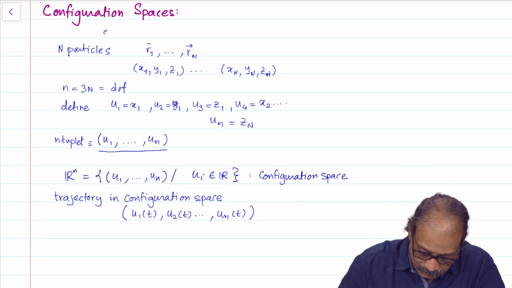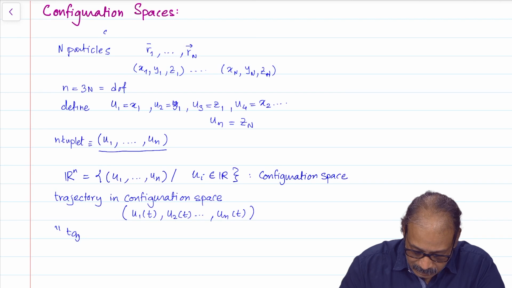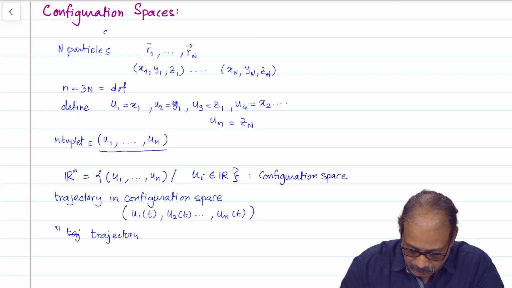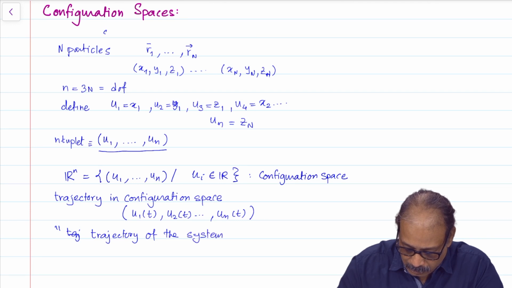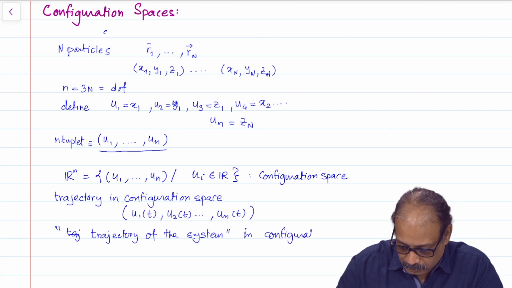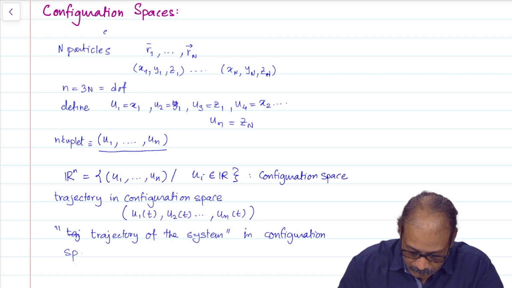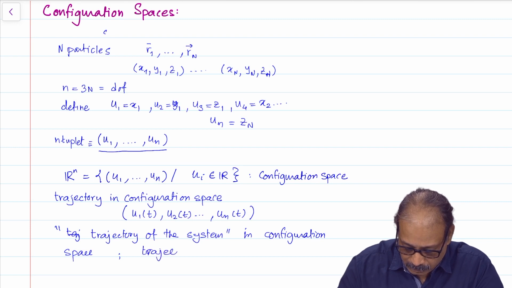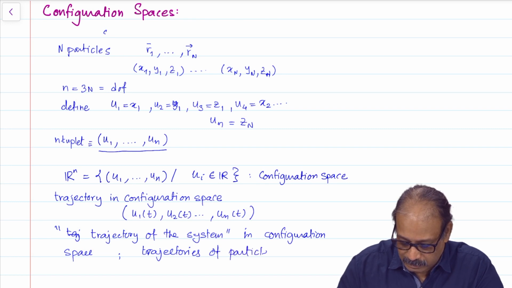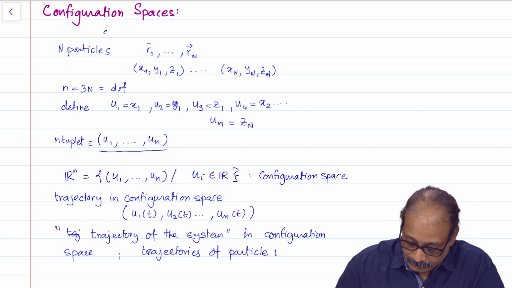So, remember we will often be using a nomenclature like this: a trajectory of the system in configuration space, as opposed to trajectories of particles, which are in the real world, in physical space.